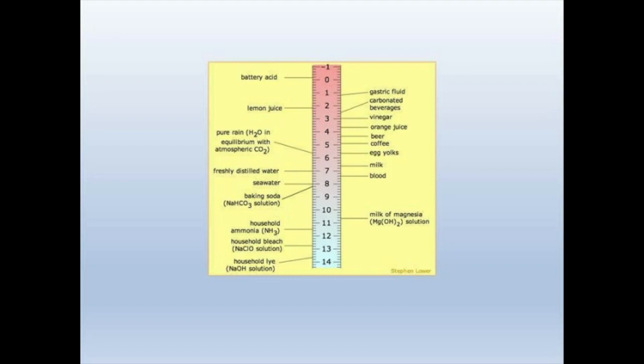Seawater about pH 8, baking soda a little above 8. The pH of limestone soils should be about 8.3. That's calcium carbonate in equilibrium with water. Household ammonia, high pH, all these things.